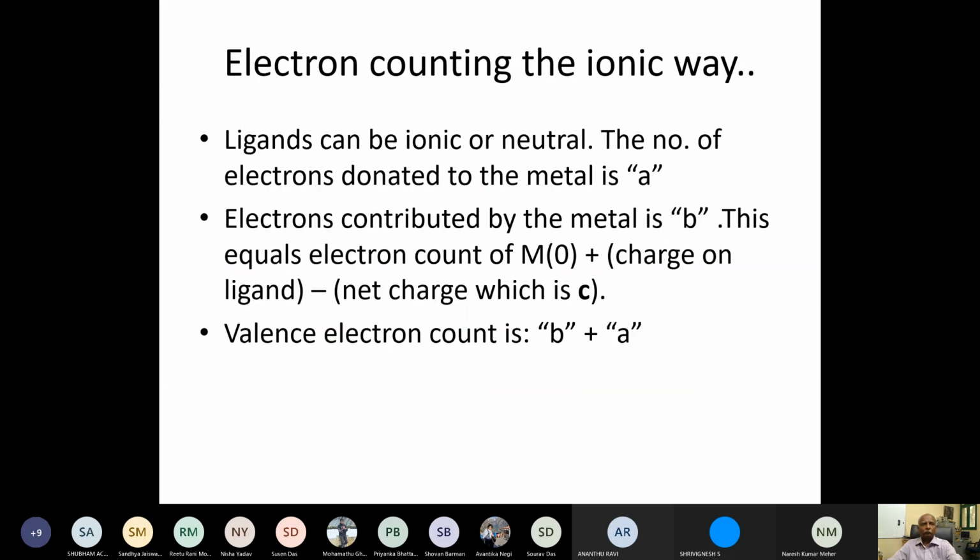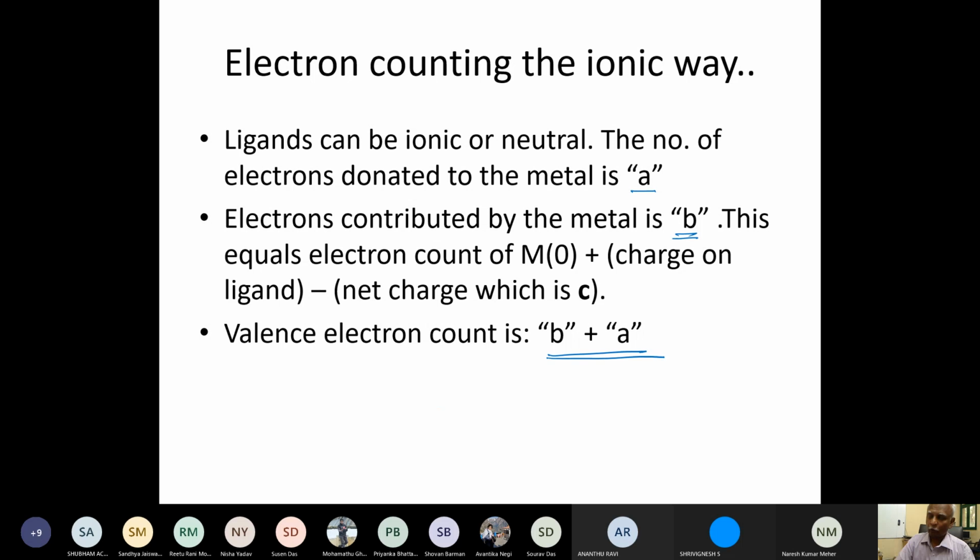That is the major difference between organometallic chemistry and coordination chemistry. So ligands can be ionic or neutral. If the number of electrons donated by the ligands to the metal is A, and the electrons contributed by the metal is B, then A plus B is the total valence electron count, and that's what we saw here.